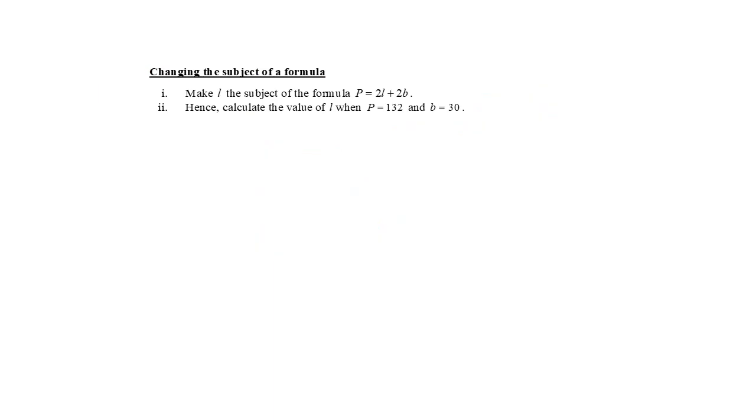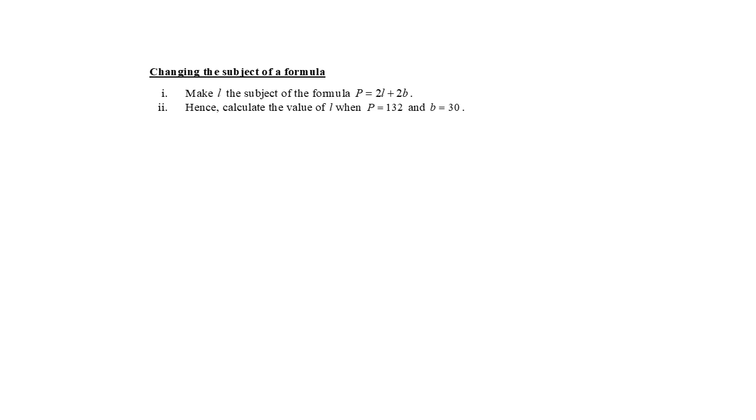Okay, so let's look at this example that is found in your textbook on page 19. This is example 14. Earlier on I told you that when we want to change the subject of the formula, we want to make the letter that we want the only one on the left-hand side of the formula.